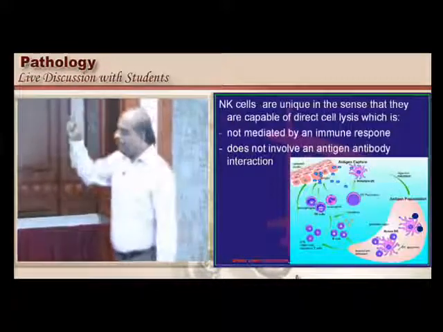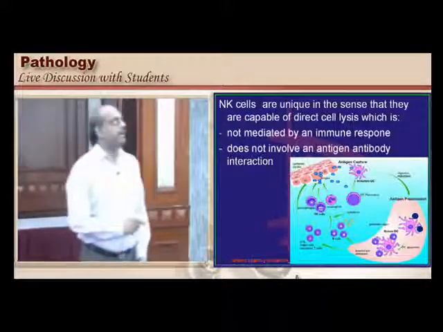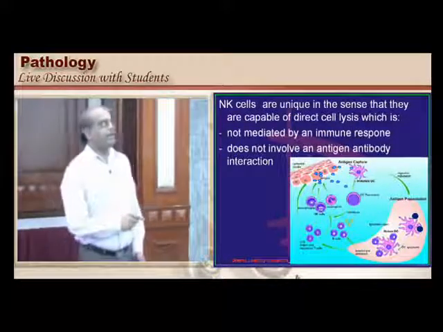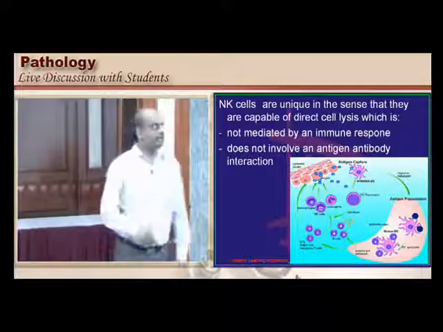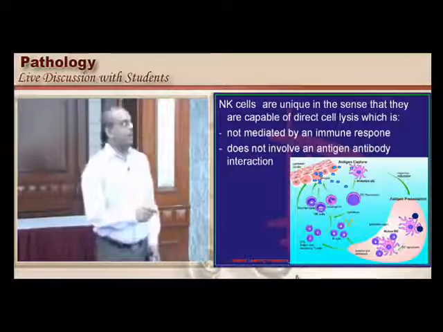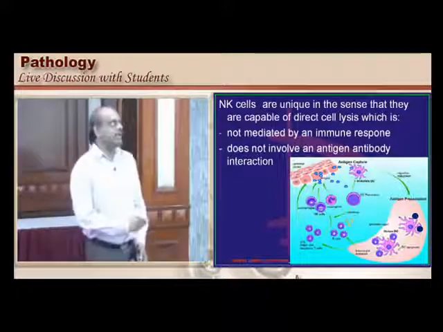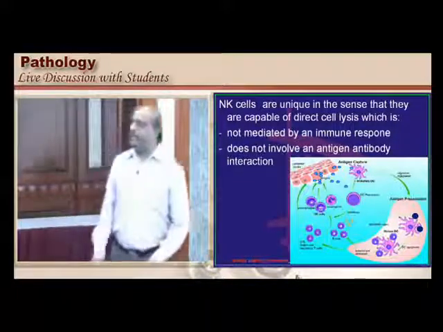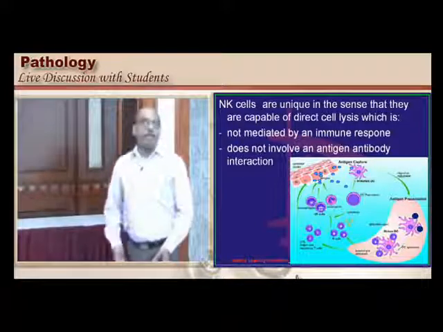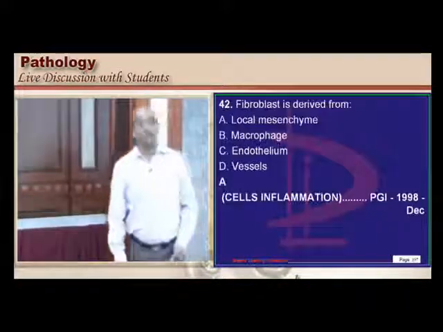So there are two important features about NK cells. Typically it does not involve any antigen antibody reaction, and it leads to direct cell lysis. They are capable of this by releasing the eosinophilic granules, which are like a nuclear bomb that they are having, is what needs to be remembered. Now let us take up the next question.